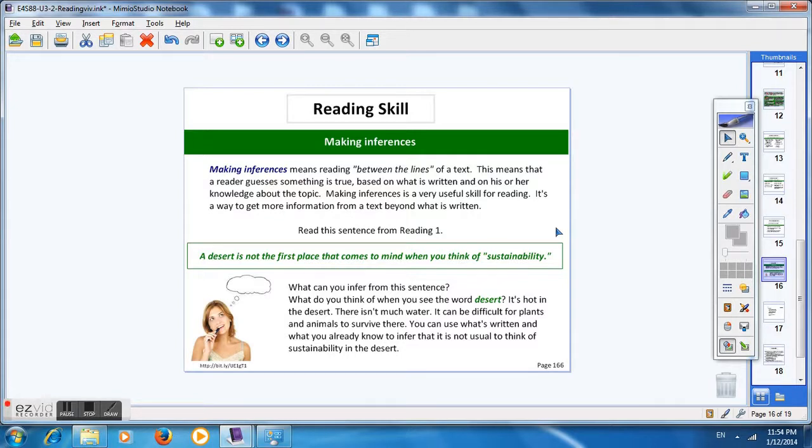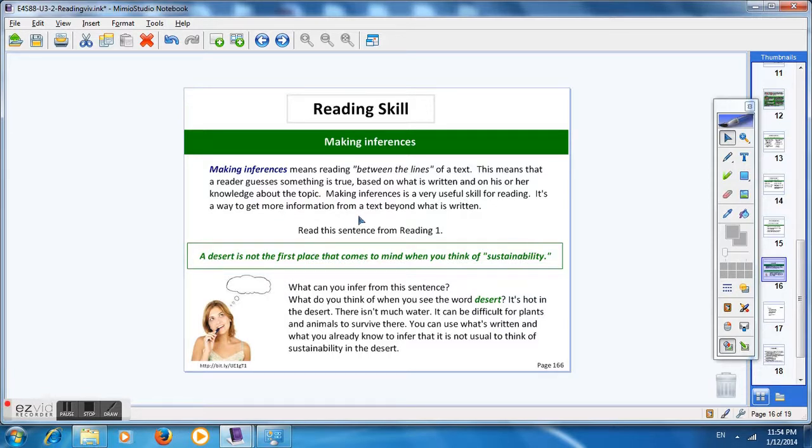So when we talk about making inferences, we deal with 2 things here: what is written, or what you read, and of course what you know about the topic. So it's not just about the understanding of what is written, but also of what you know about what you're reading about.